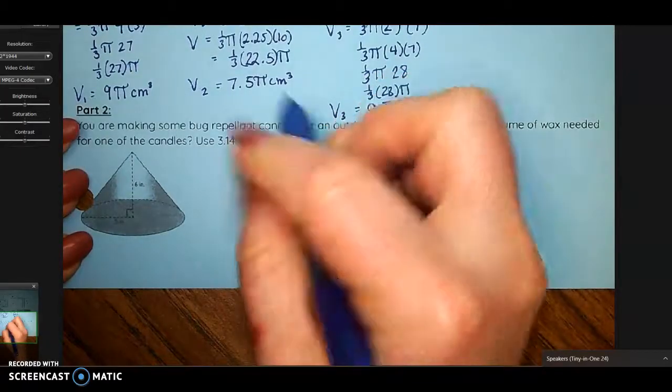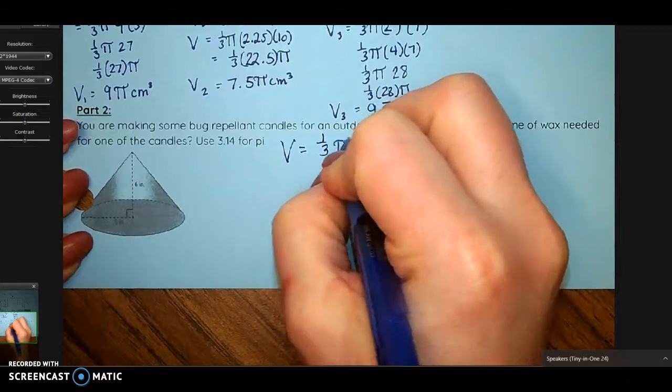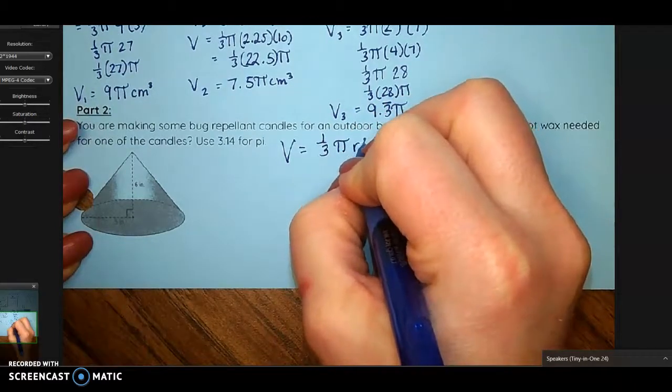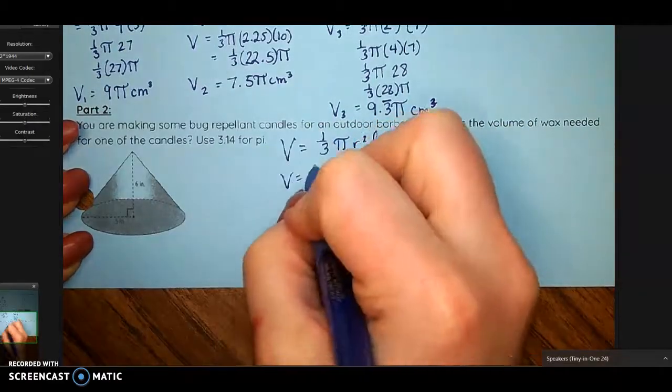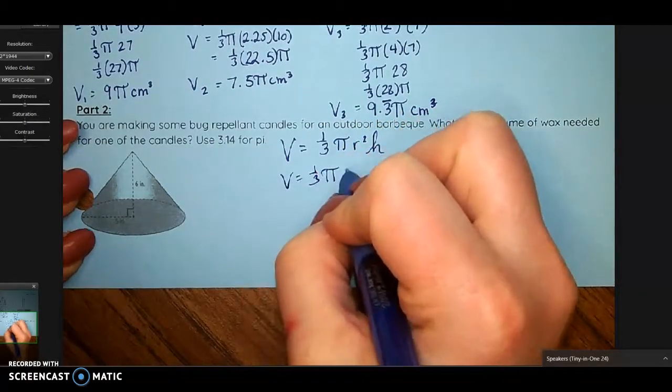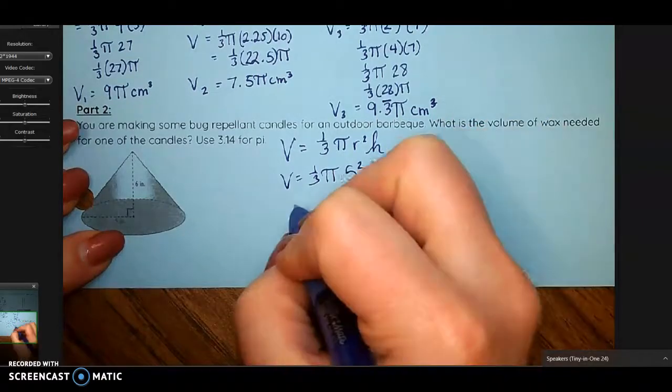So we see it's a cone. So we know we need 1/3 of our cylinder volume. So 1/3 of our cylinder volume, that's a 5 squared times 6.